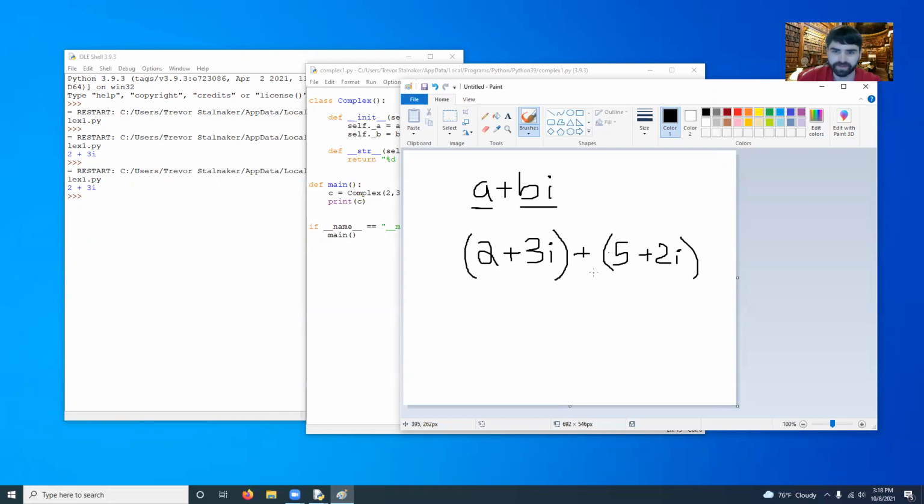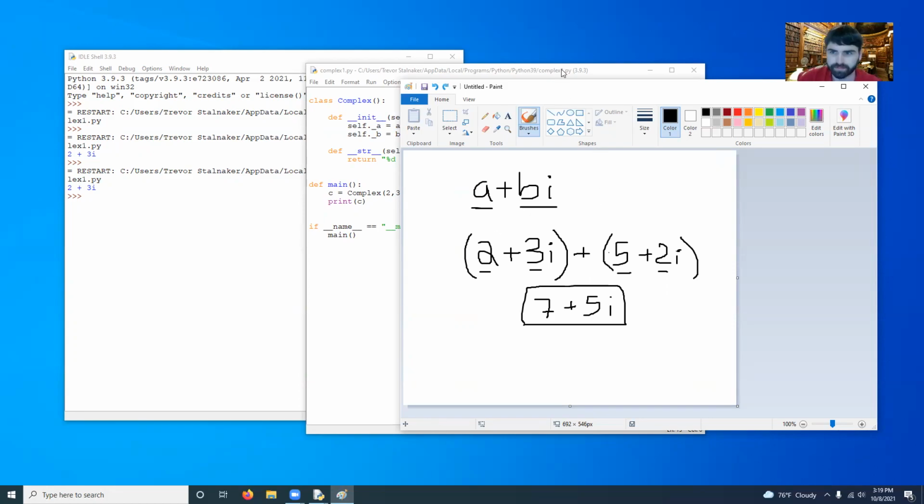So how do you add these though? Well, you look at the real parts, you add those together, so you get 7. Then you look at the imaginary parts, you add those, you get 5. So here's our answer, 7 plus 5i. So you look at the real parts, add them together, and then you look at the imaginary parts, and you add them together.